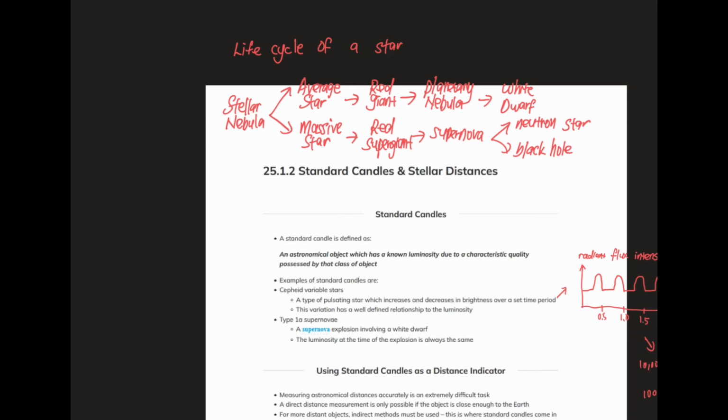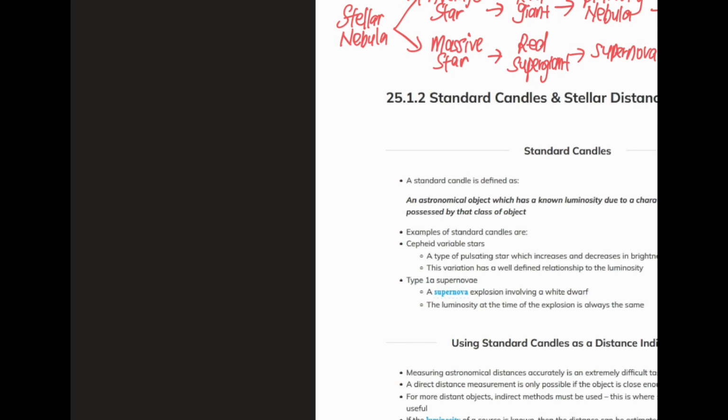I give you a little bit more information on supernova also. I just write it here, a short note on supernova.